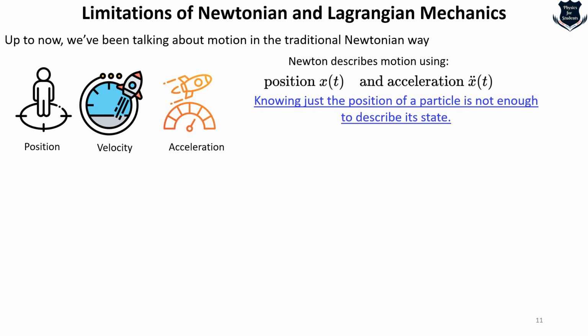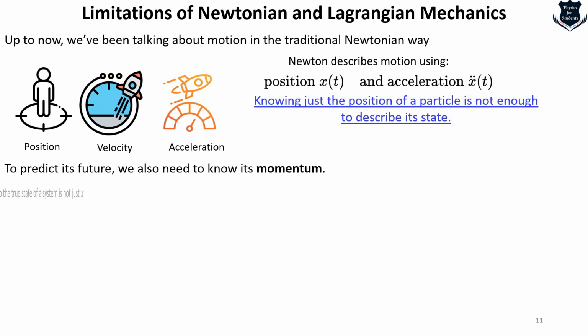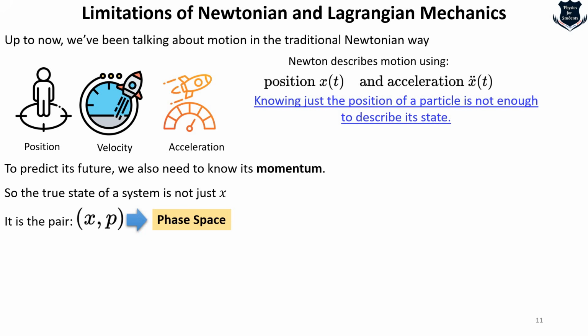By its state I mean everything that you want to know about the system's configuration, the movement, where it goes, where it evolves, and everything. Now, what we found as science progressed is that we also need to find out what is called momentum. So only the position x is not sufficient, and we need a pair, (x, p), and this in technical terms is called the phase space.